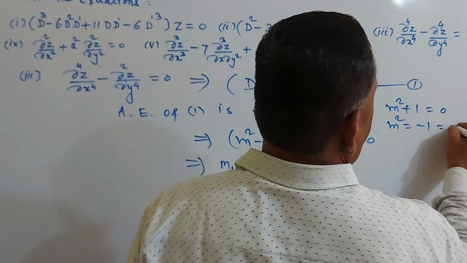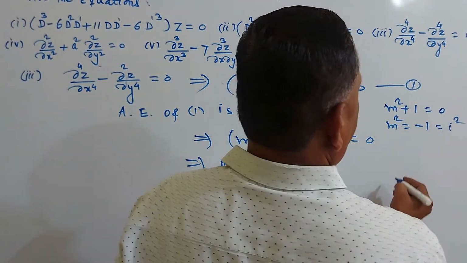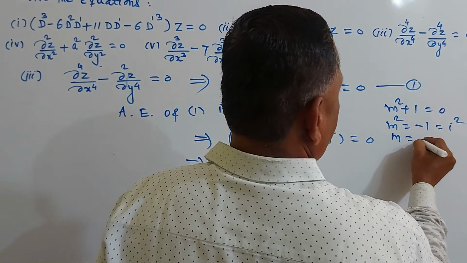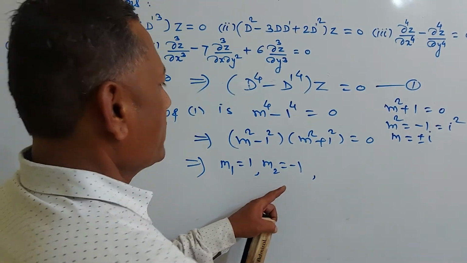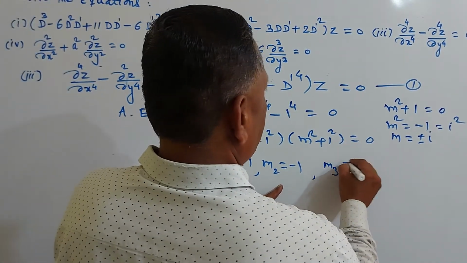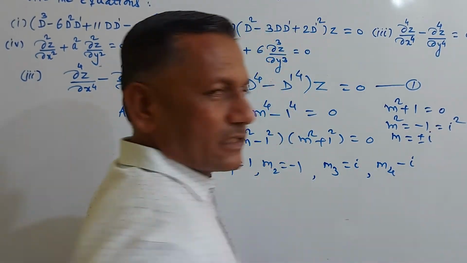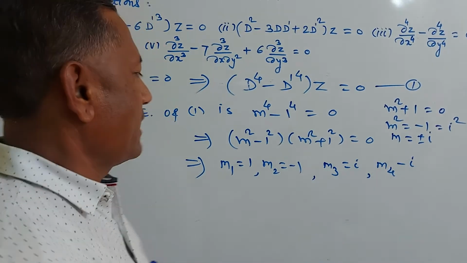Minus 1 means i², where i is the imaginary unit. The value of i² is minus 1. Therefore m² is equal to i², therefore m is equal to plus minus i. Therefore you take m3 is equal to i, m4 is equal to minus i. So your roots are 1, minus 1, i, minus i.